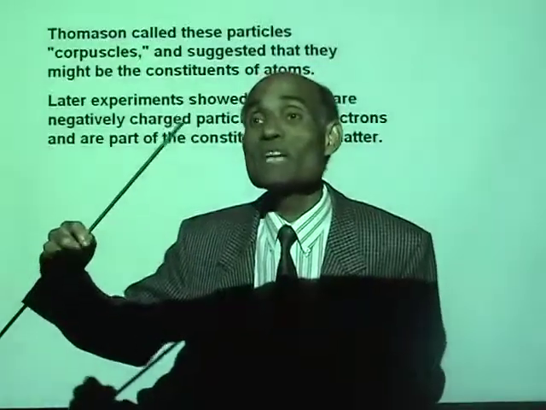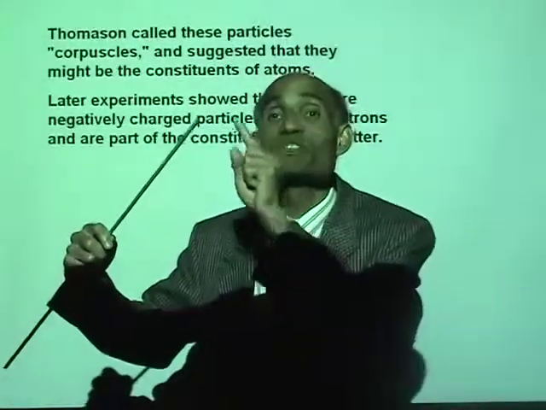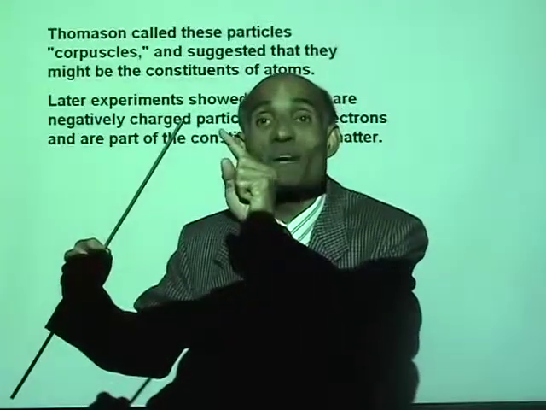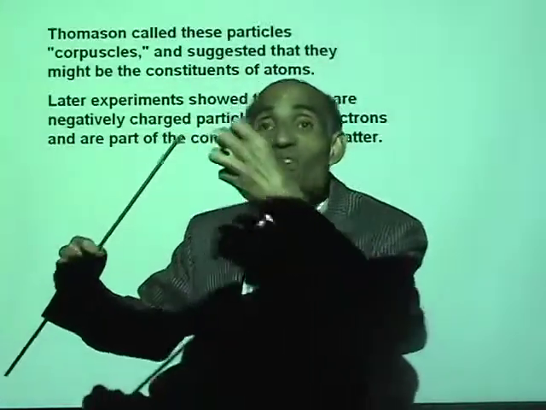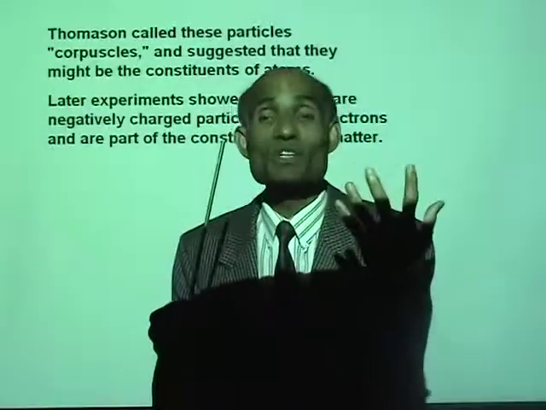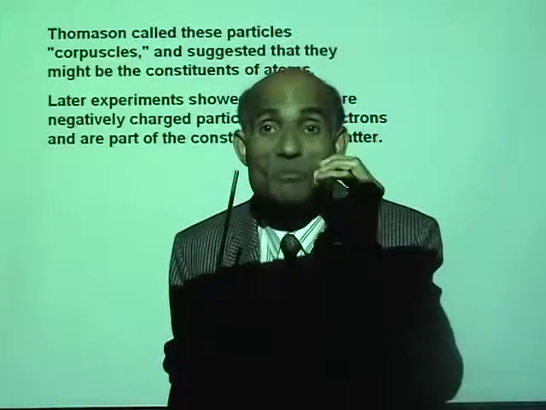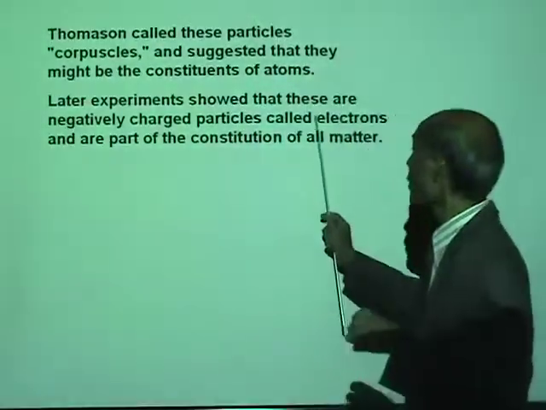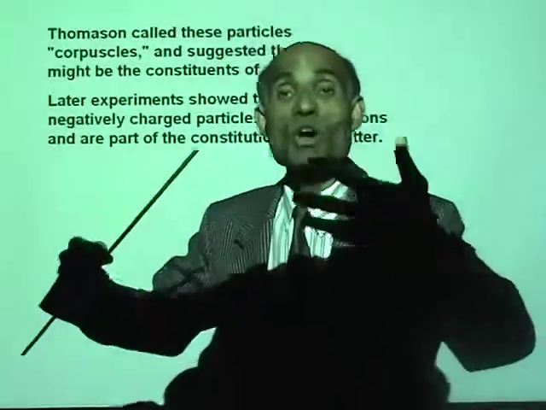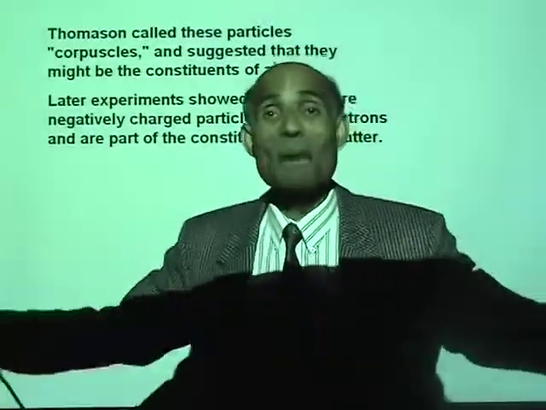He used many substances as the negative electrode, and he observed that all these substances resulted in this same radiation. So what is the conclusion? The conclusion is that these minute particles, which are now called electrons, make up the constitution of all matter.